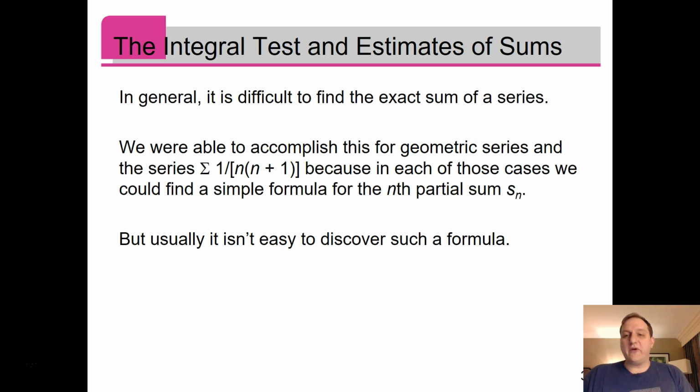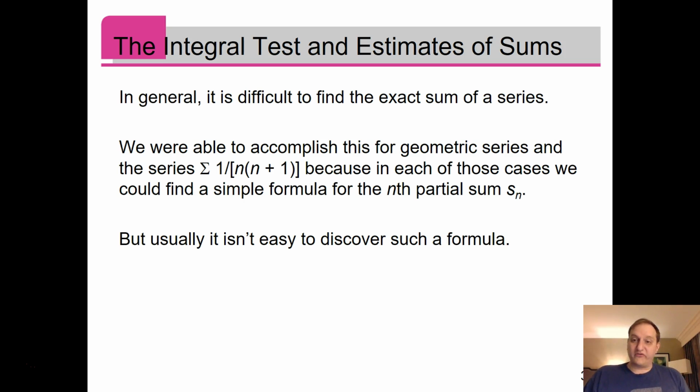As I was saying, in general, finding the exact sum of a series can be very difficult. With geometric series, we had a formula, a over 1 minus r, assuming the absolute value of r was less than 1. We also looked at the series 1 over n times n plus 1.